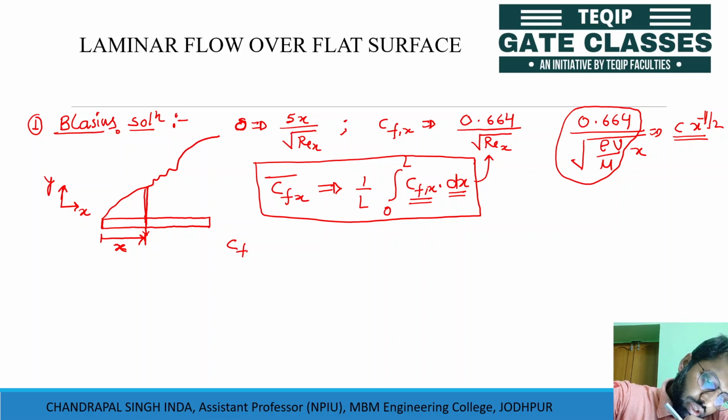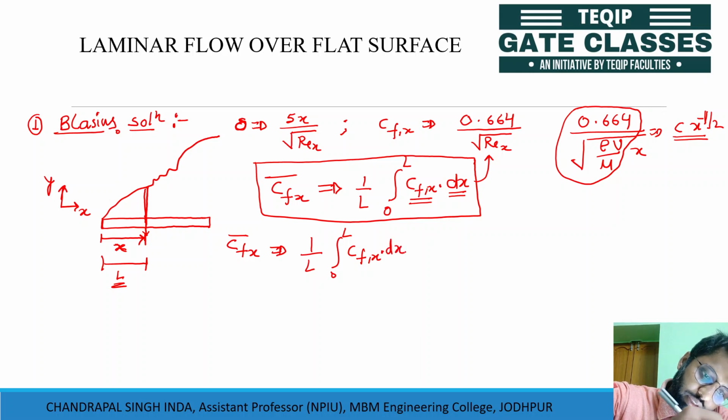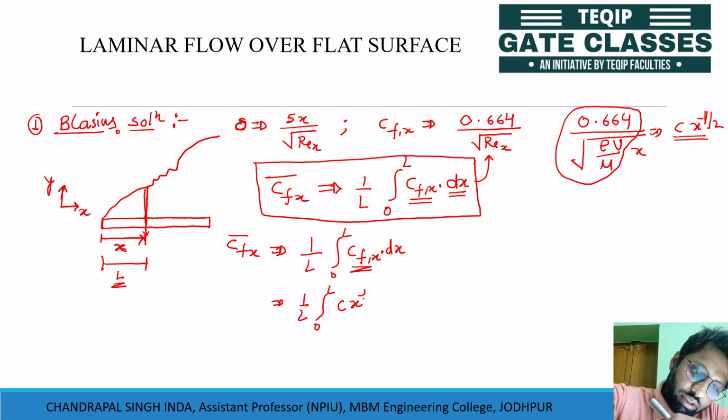So Cf average is equal to 1 by L, where L means up to this point, 0 to L Cfx dx, and the value of Cfx is constant into x raised to minus 1 by 2, so 1 by L, 0 to L, c x raised to minus 1 by 2 dx.